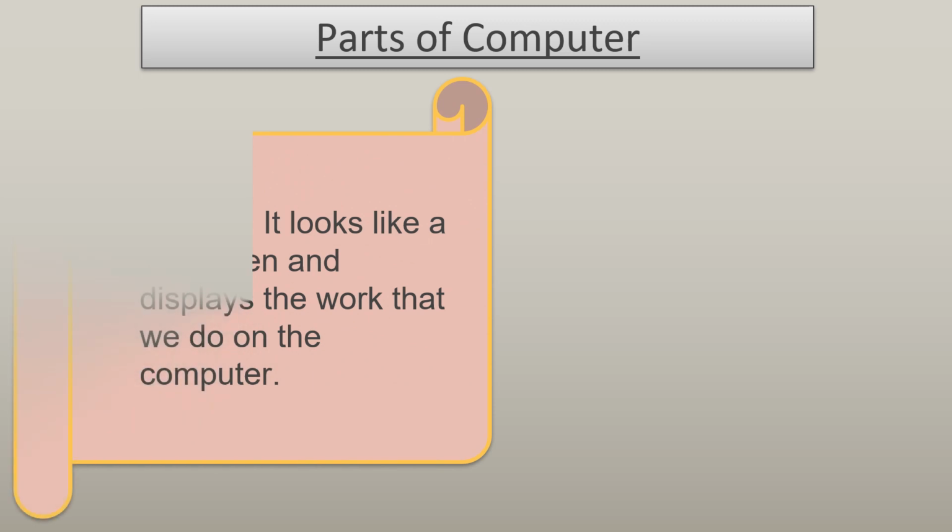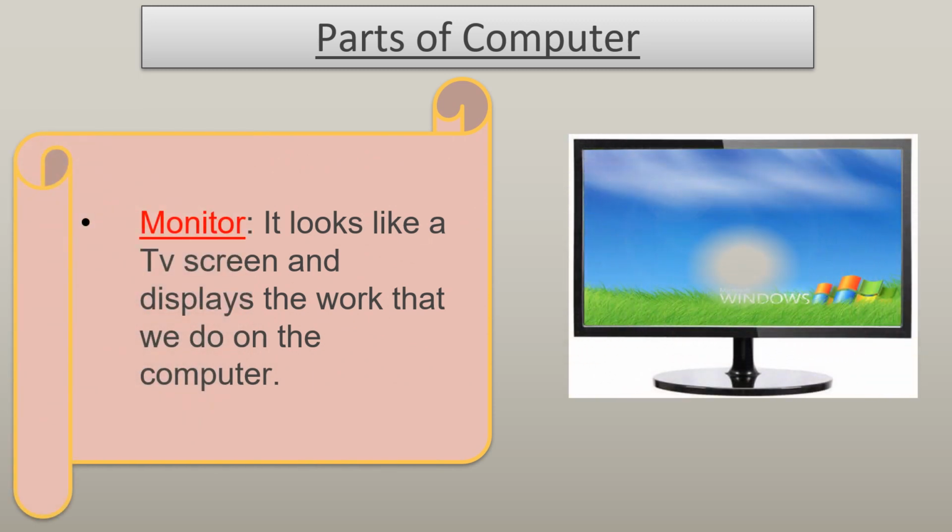The second part of computer is monitor. Monitor looks like a television screen and it displays the work that you do on the computer. A monitor is also known as the VDU, Visual Display Unit.